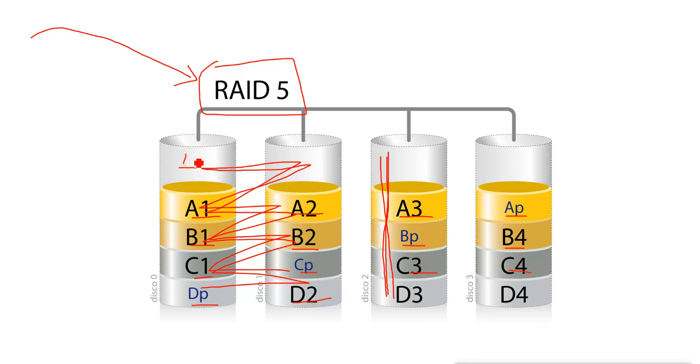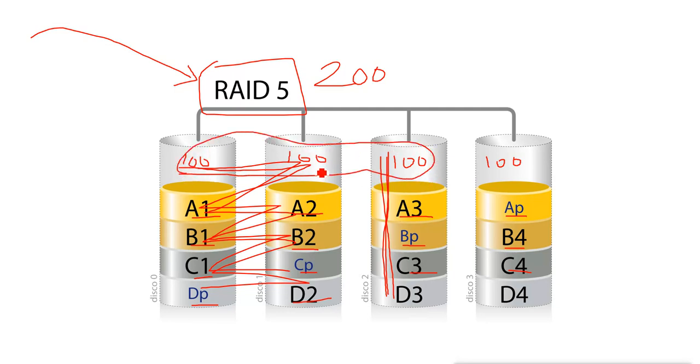That means suppose this is 100 GB, this one is also 100 GB, this one is also 100 GB, this one is also 100 GB. Now you will get the combined space, even with the parity. That means you will get, suppose, 200 out of this 300, or even you can get 300 out of this 400 GB.